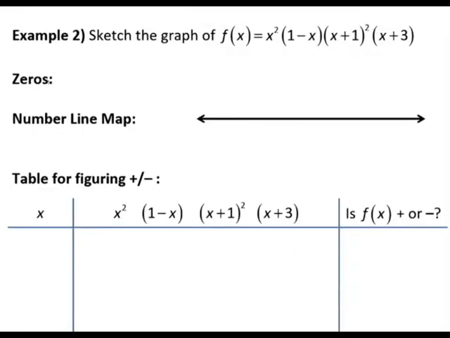In this example, the zeros take a little bit more thought. X squared generates zeros of 0. That's because this is like saying (x minus 0) squared.